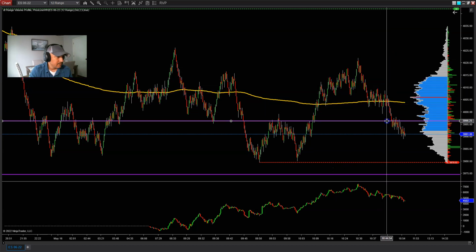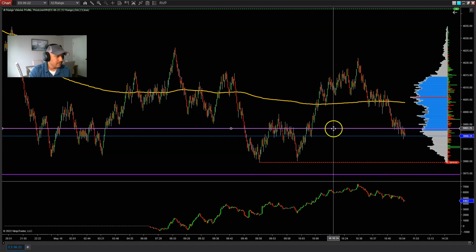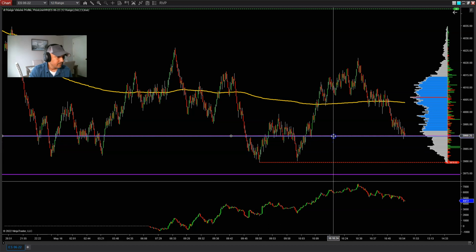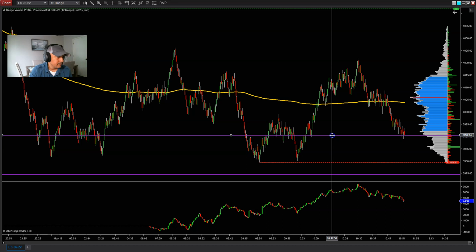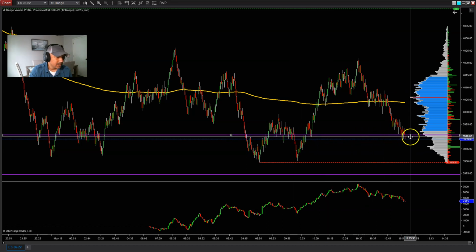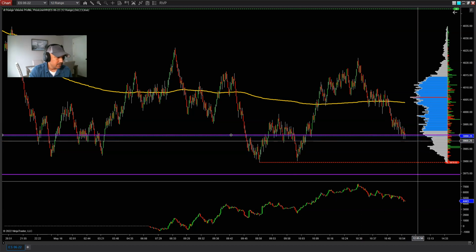Looks like price already tested this area right here one time already.